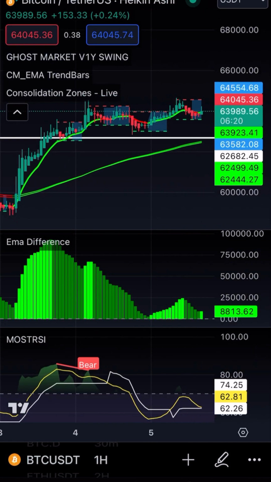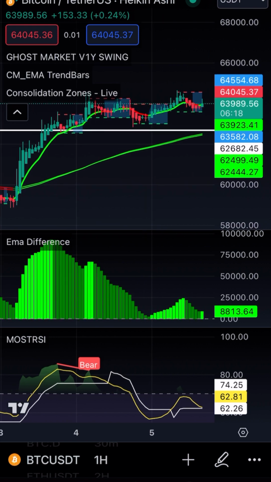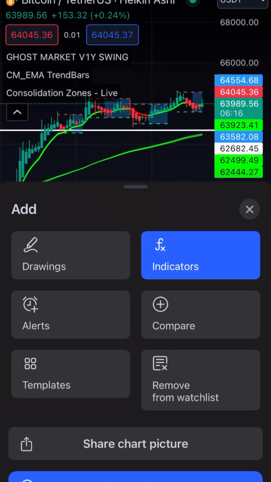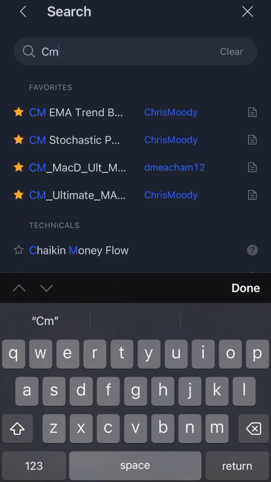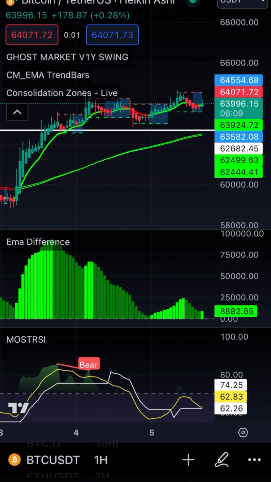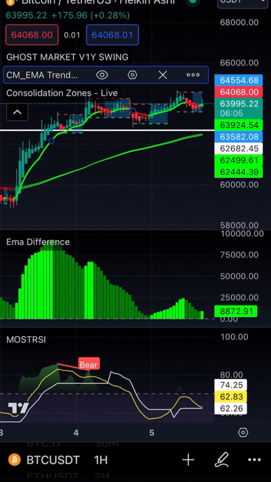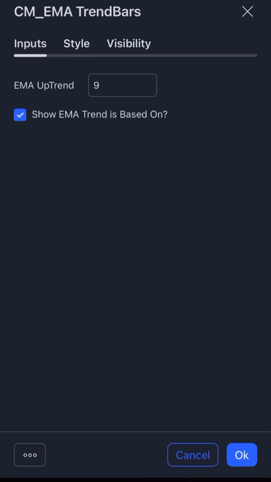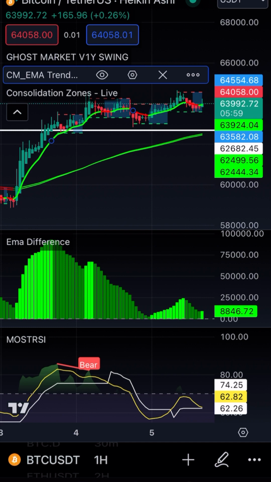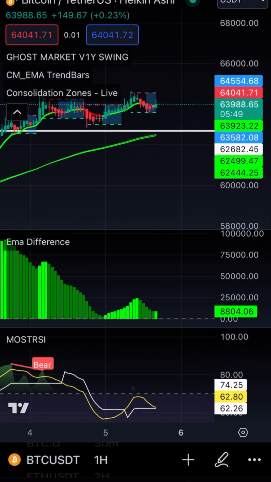If you don't want to use it with Ghost Market Pro, you're just going to have to go to CM trend bars and you click that twice, and you're going to put 90 and 95, and you're also going to need 9. So you need those three if you don't have Ghost Market Pro for the first part: 9, 90, 95.